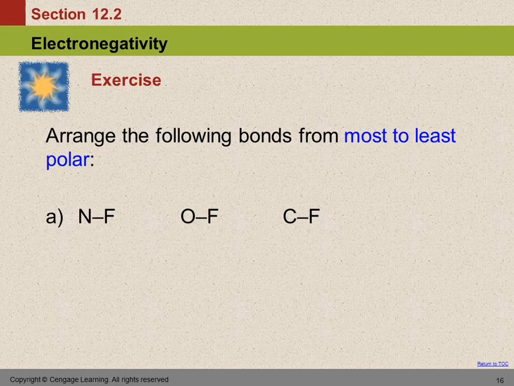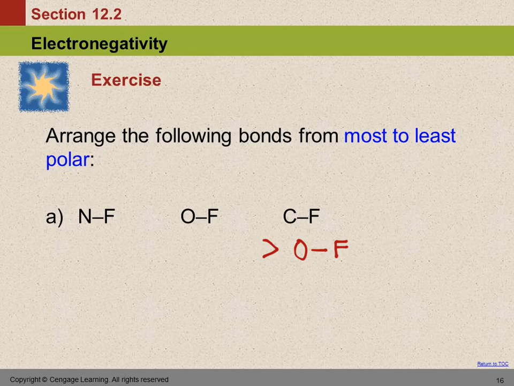But is that a real big deal? You'll spend a little more time at fluorine. You see there's a little bit of a difference in attraction, but not a lot. And so oxygen and fluorine is going to be the least polar because their difference in electronegativity is the smallest. So oxygen-fluorine is going to be over here. We're going from most to least.